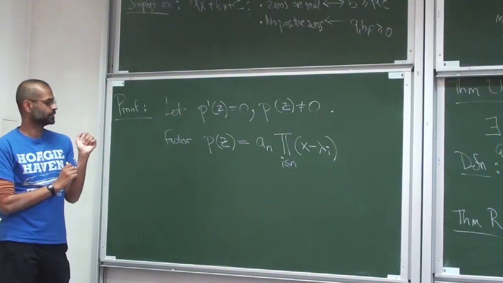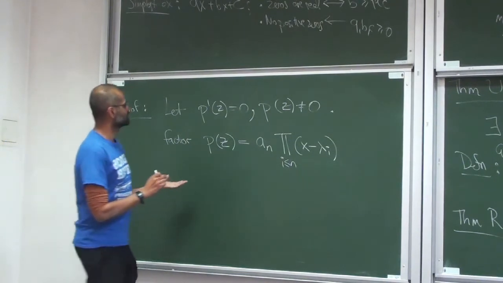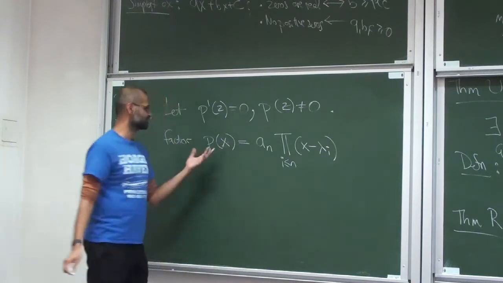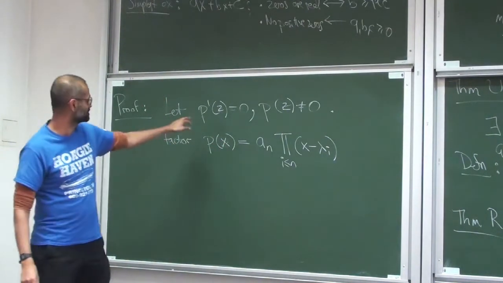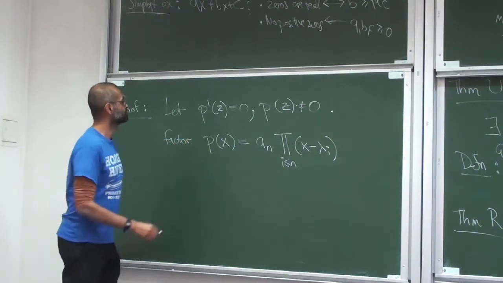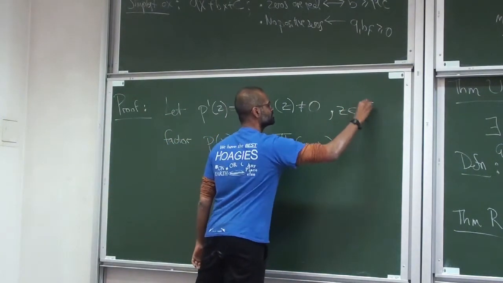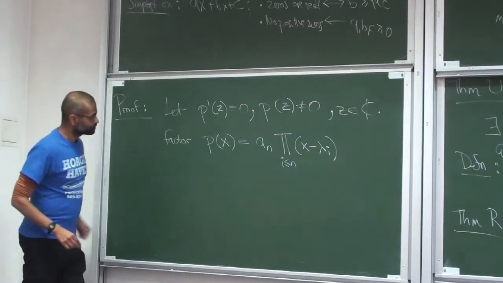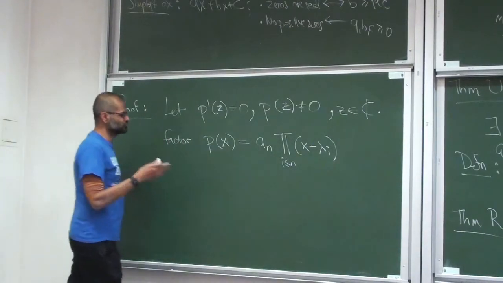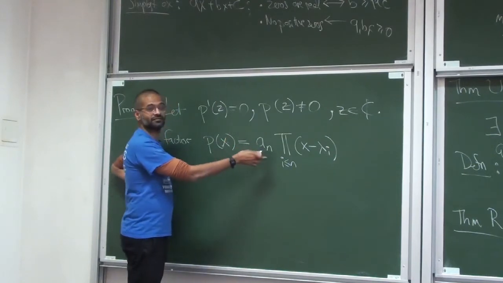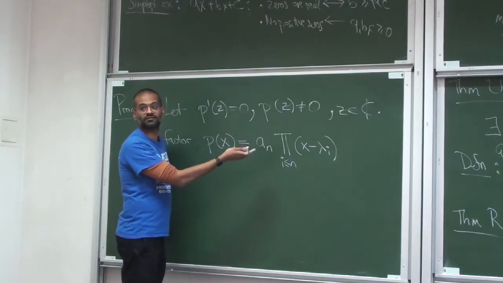Let's make this x, I made the variable x. So z is a specific point, a point in the complex plane. Let's assume without loss of generality that the leading coefficient is 1. None of this is going to change if I scale the polynomial by a constant, since the roots don't change.